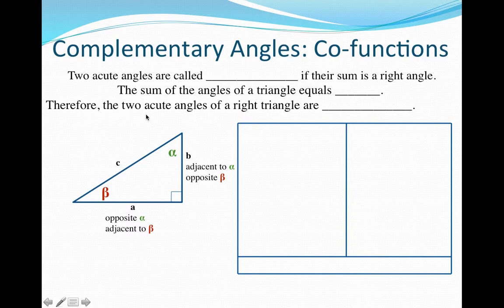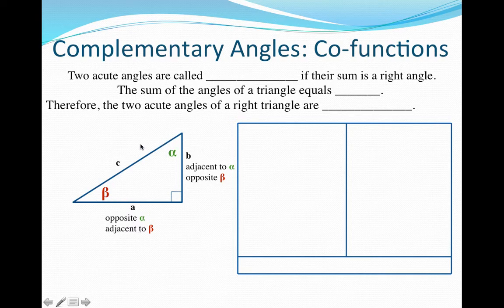Therefore, the two acute angles of a right triangle are complementary. Because if these three angles must add to be 180, as in our second statement at the top, this angle is already 90 degrees, then these two angles have to add to be 90 degrees, which will make them complementary.